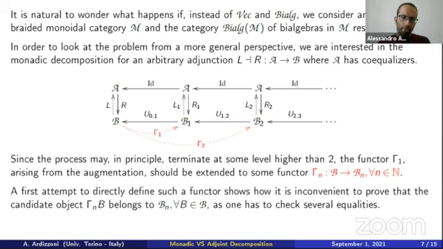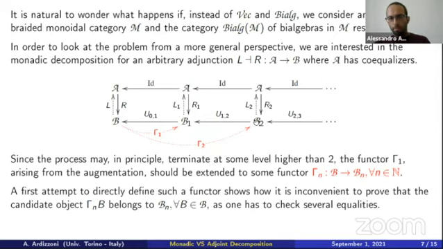The problem is that a first attempt to directly define such a family of functors shows it is inconvenient to prove that the candidate object that we have in mind belongs to Bn. The point is that Bn is an iterated Eilenberg-Moore category, and we know that just at level B1, being here means an object in B with a morphism that fulfills 2 equalities.